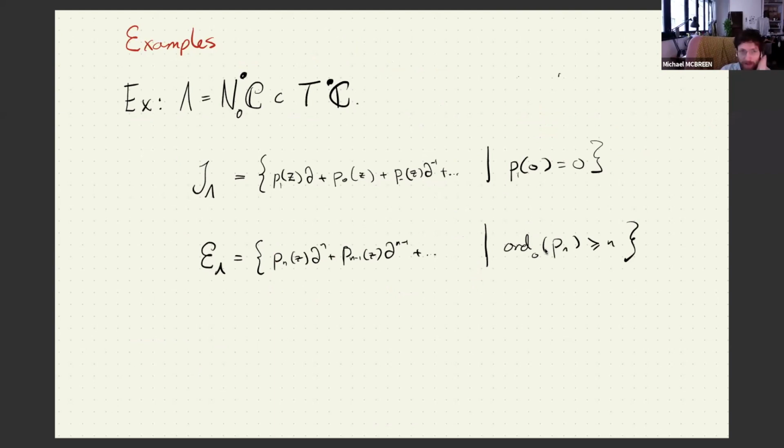Just an example here: we take lambda to be the zero fiber over the origin in C. Our quantized ideal is order 1 operators whose leading term is 0 at the origin, and E of lambda is everything generated by those.